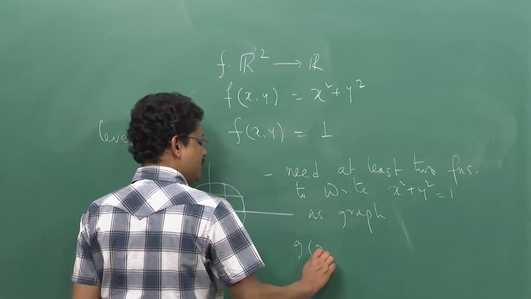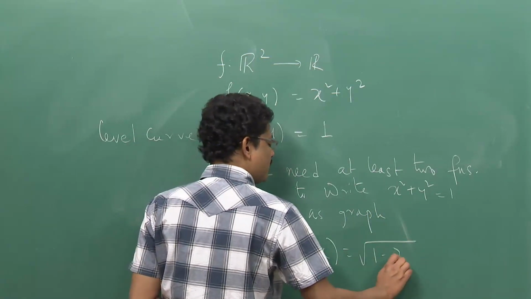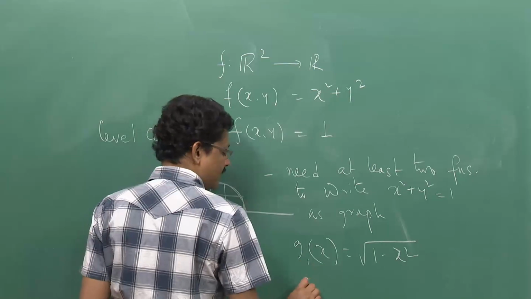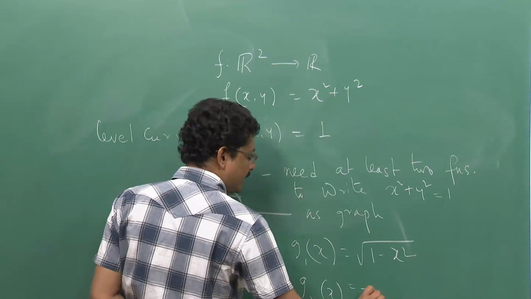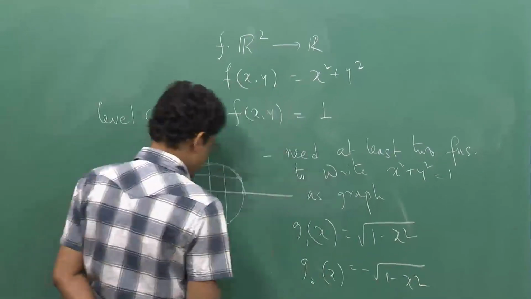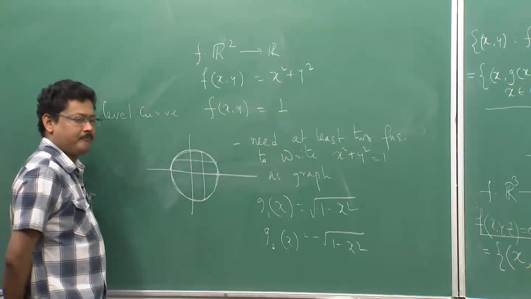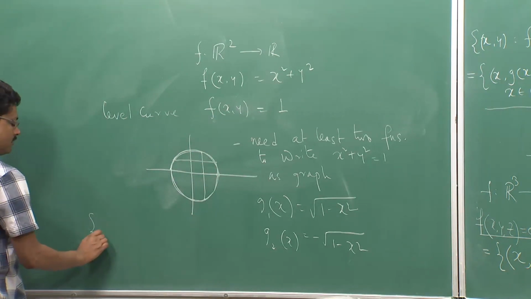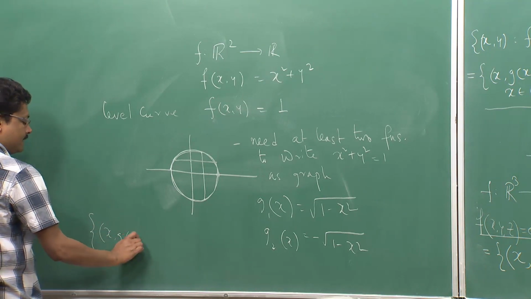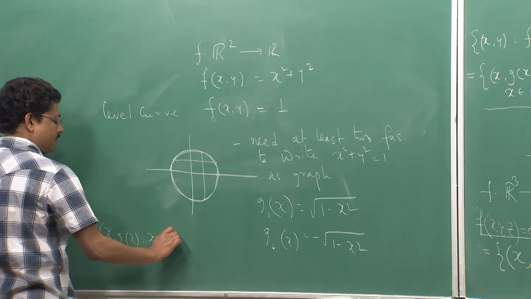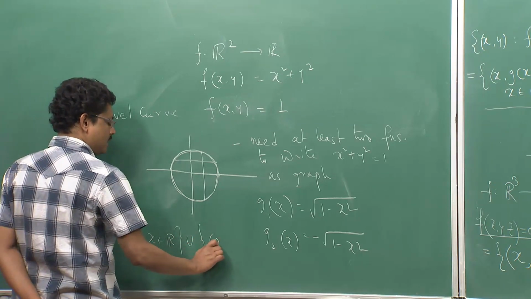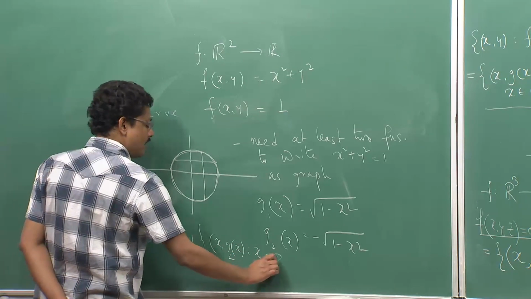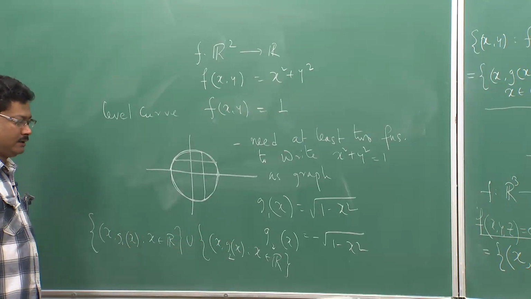namely g1(x) equal to the positive square root, which will give you this part, and another is the negative square root, which will give you this part. So, this level curve is actually the union of (x, g1(x)), x in R, and (x, g2(x)), x in R, and these two sets in the union are not disjoint, or are they?